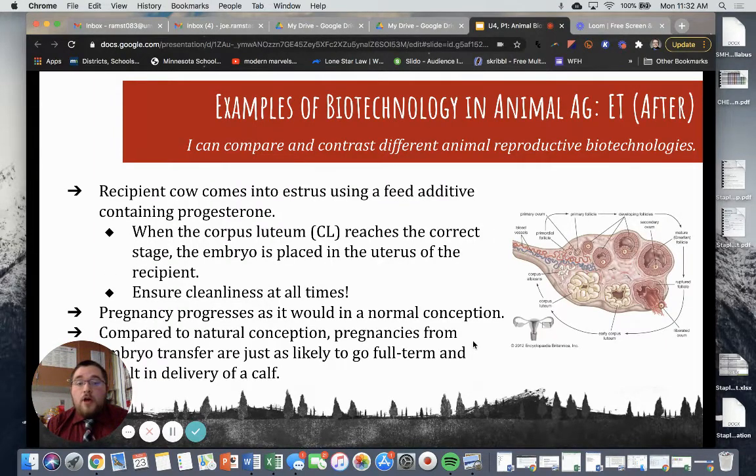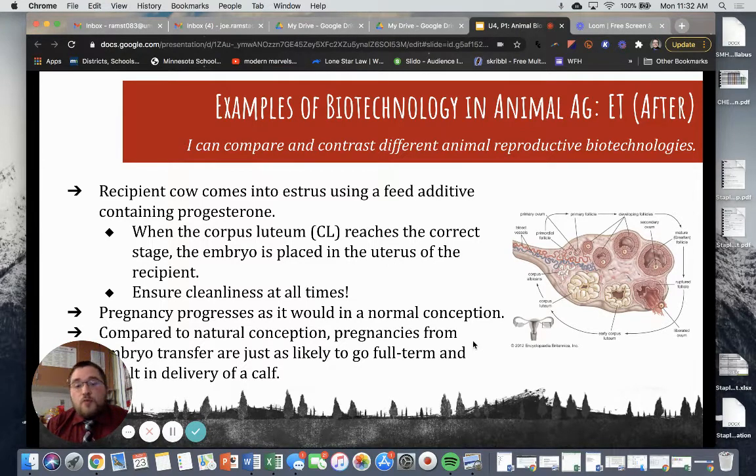Finally, for embryo transfer, the recipient cow comes into estrus using a feed additive containing progesterone. When the corpus luteum, or CL, reaches the correct stage, the embryo is placed in the uterus of the recipient. And it's very important during this process that we ensure that all animals and all equipment being used are very clean and sterile.